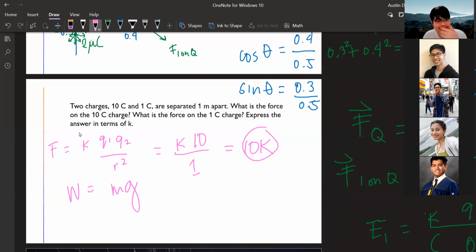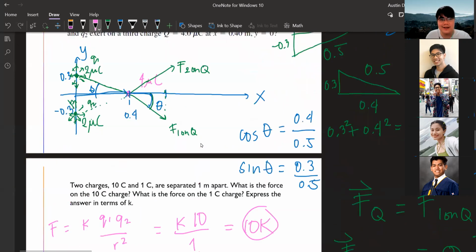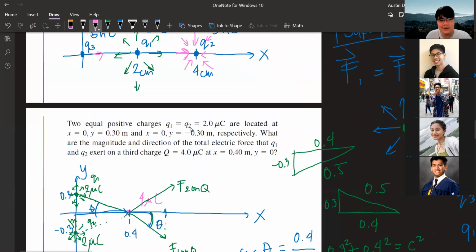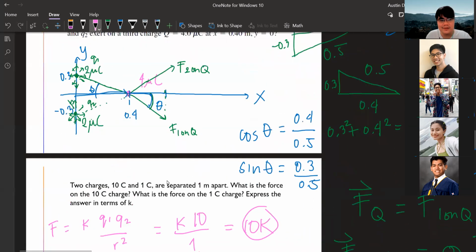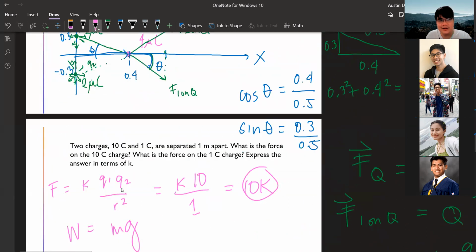Ganito rin sa electric fields. Okay, electric forces, ganun din, parehas lang yung ina-exert na force ng dalawang charge mo in question. So Q1, Q2. Same lang yung ina-exert nilang force towards each other.